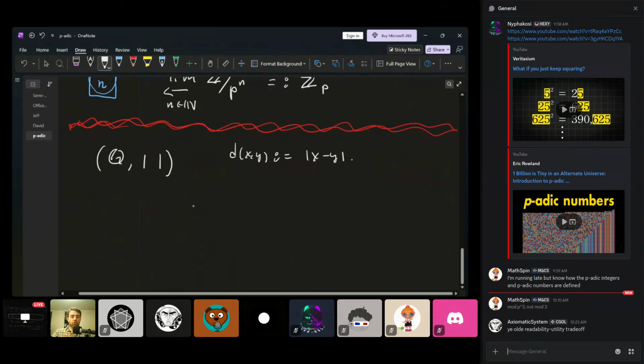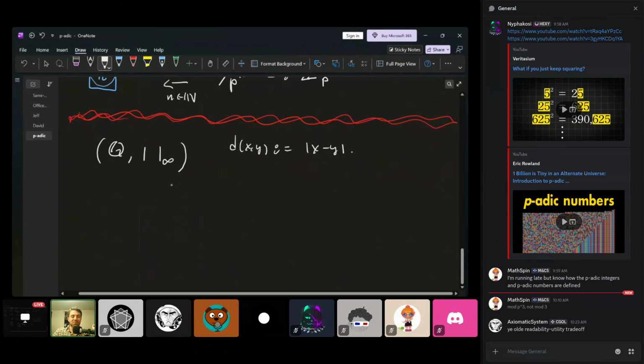For some reason, I'm going to index the ordinary Euclidean absolute value with a little lemniscate, infinity. We sometimes call it the prime at infinity. This will be explained in a moment, but I'm hoping you can just accept this for now.